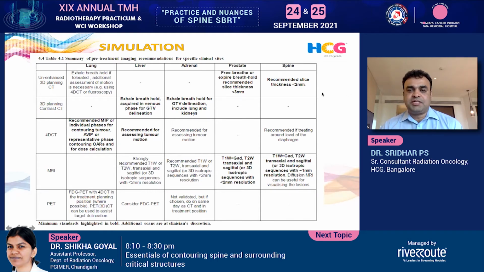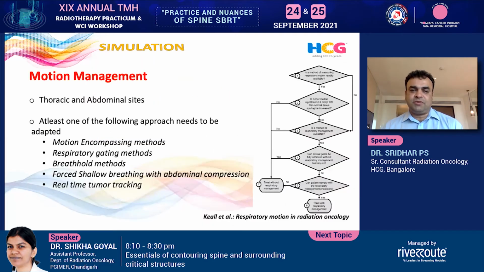The recommendation is less than 2 millimeters. I prefer 1 to 1.25 millimeter thickness. And MRI should be a part of it. For any SBRT spine, do not do the SBRT without the MRI. It gives a lot of information. Sometimes for PET CT or CT, including your target delineation, MRI will be helpful.